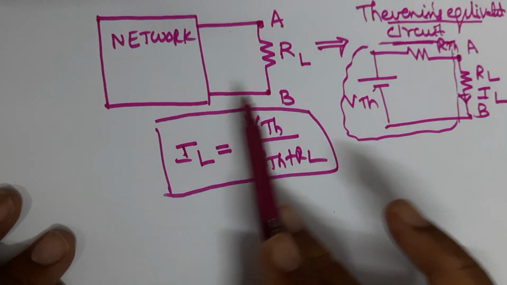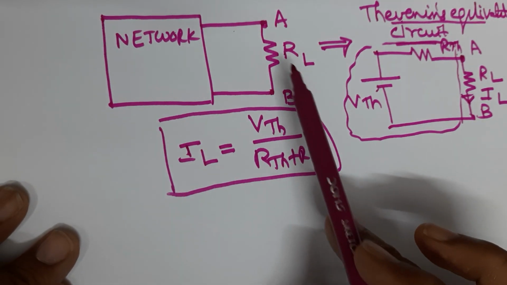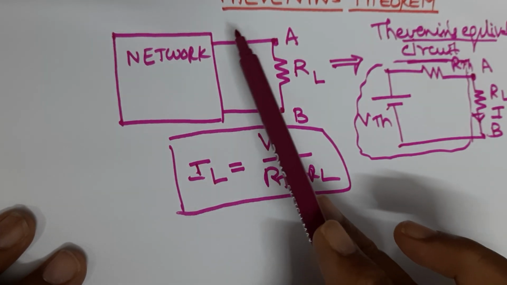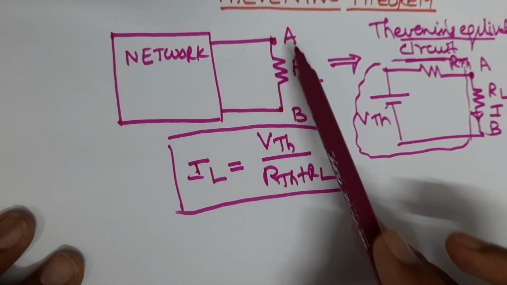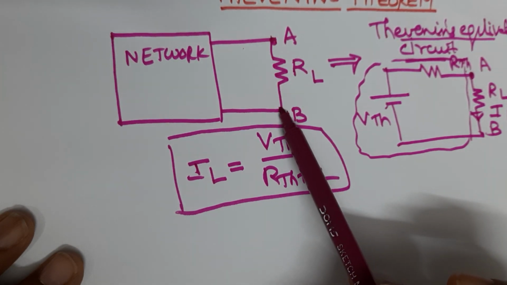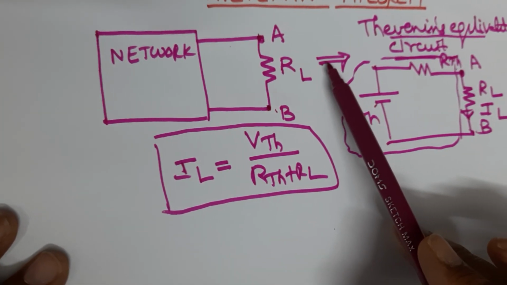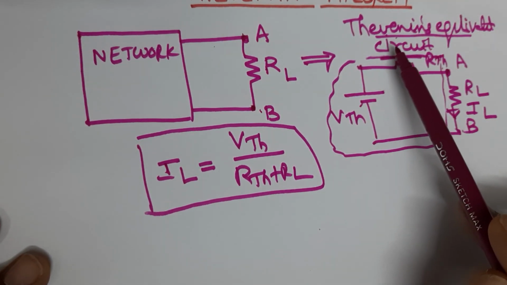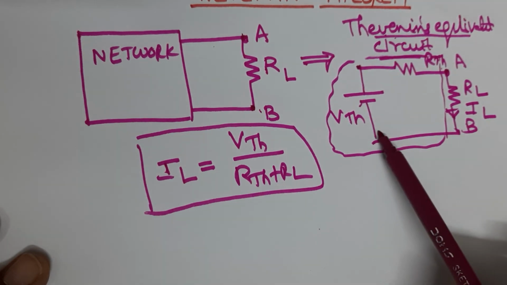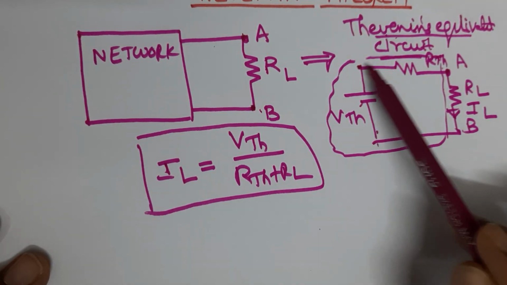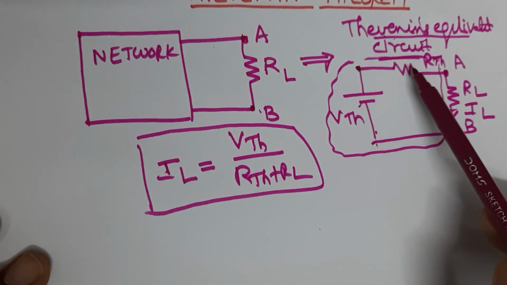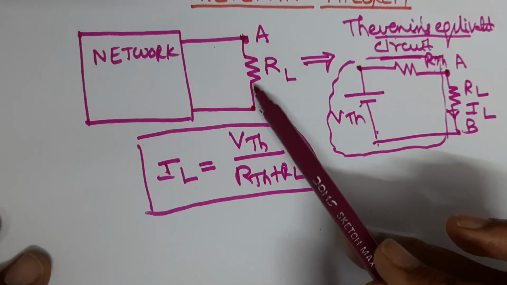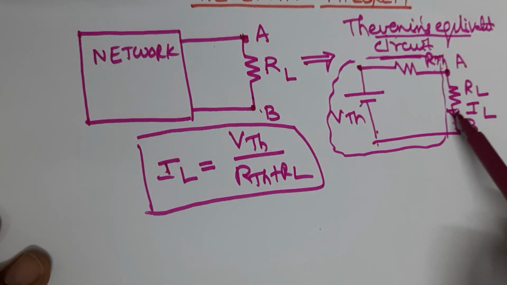Right? So this is the statement of Thevenin's theorem. Once again, I am just repeating. Thevenin's theorem states that any two-terminal linear active bilateral network can be replaced by an equivalent circuit known as Thevenin's equivalent circuit, consisting of a single voltage source, that is VTH, connected in series with a single resistance called RTH across the same two terminals A and B as shown here.